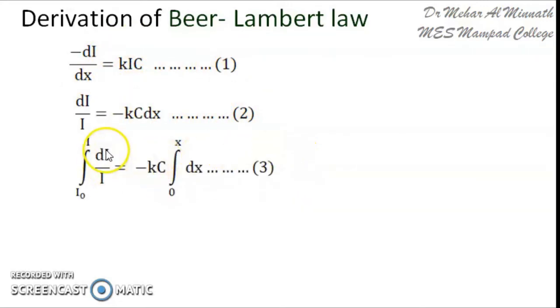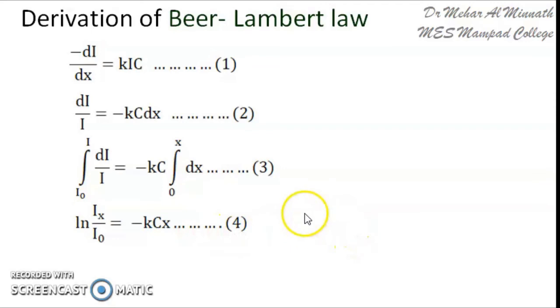Now integrating to bring it to the whole solution, you integrate it from I0 to I, and the right hand side from 0 to x. On integration, what you get is ln Ix by I0 equal to minus Kcx, where x is the thickness, C is the concentration, K is the absorption coefficient.